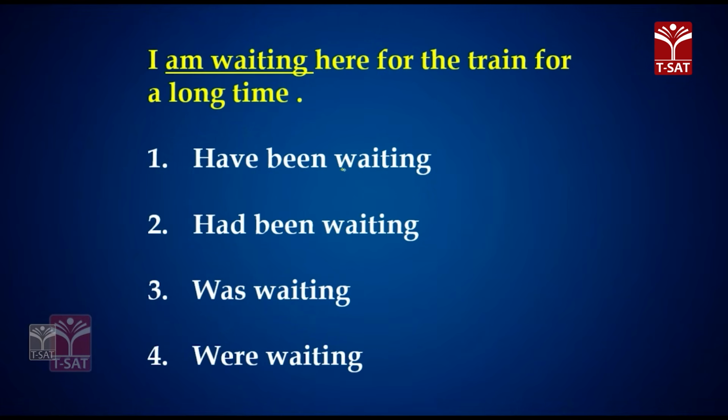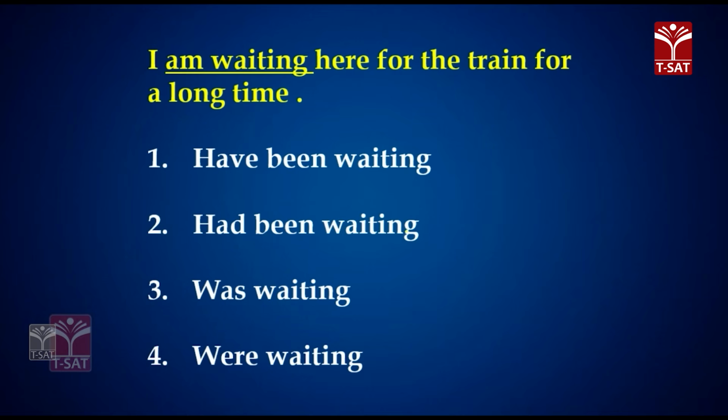Let us see them. I am waiting here for the train for a long time. So, the underlined part is am waiting. You know, it is marked for the present tense, and no past or future time reference is given to us. So, it is marked for the present tense.